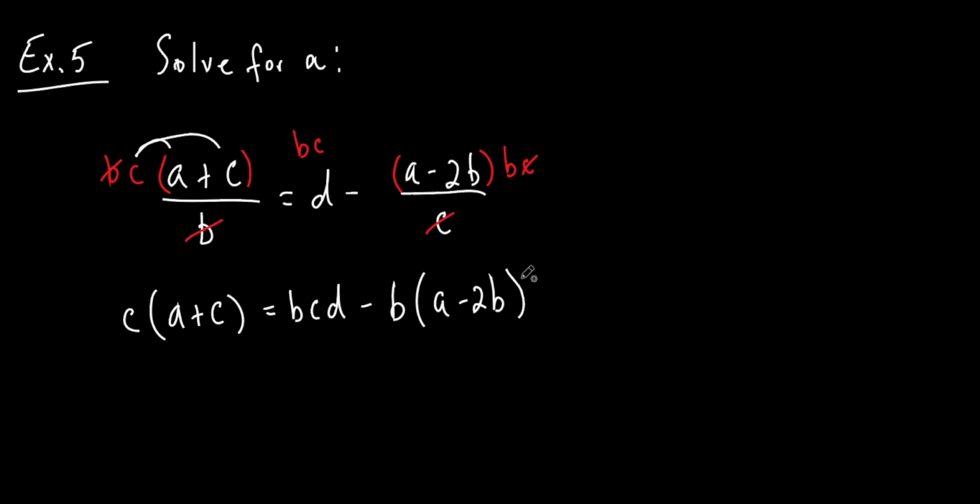All right, let's distribute. Even though they're mostly letters, we know what to do with these, right? So this is AC plus C times C, which is C squared, equals BCD. We don't really do anything with that one right now, but we do have to distribute this.